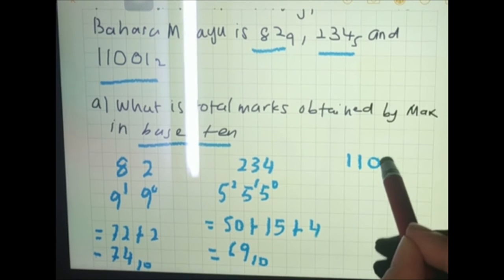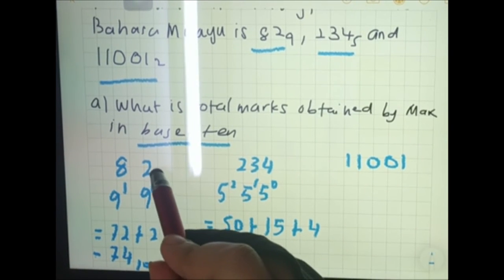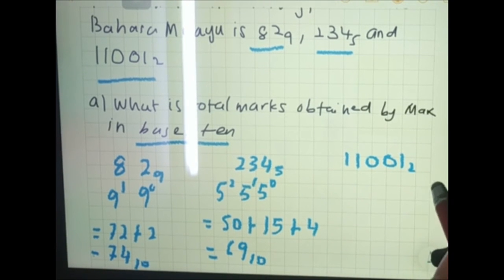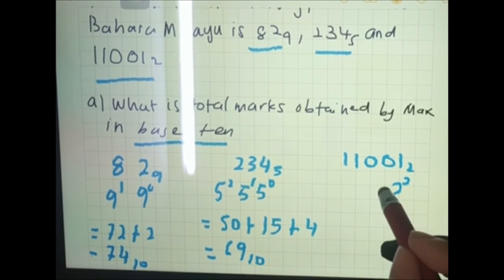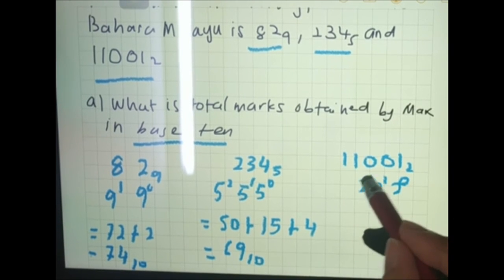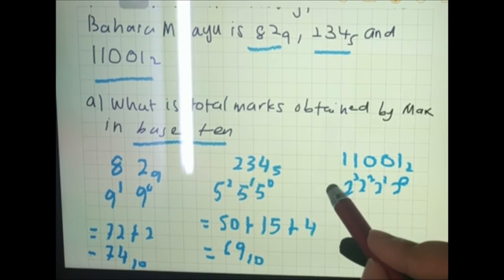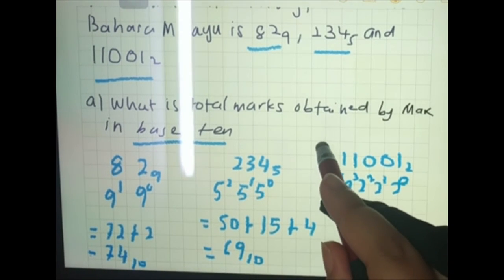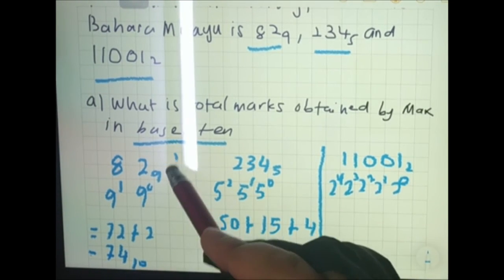11001. Put 9 here, put 5 here, put 2 here. Okay. 2 power 0, 2 power of 1, 2 power of 2, 2 power of 3, and 2 power of 4. Put a line there. Separate them.